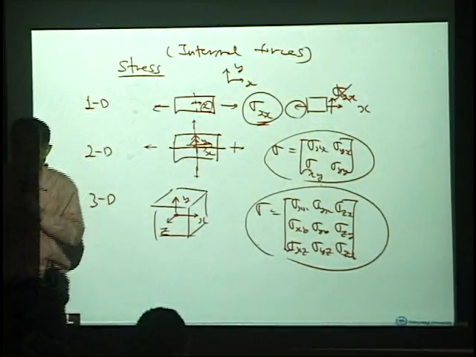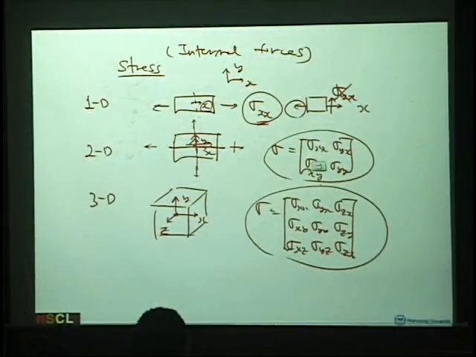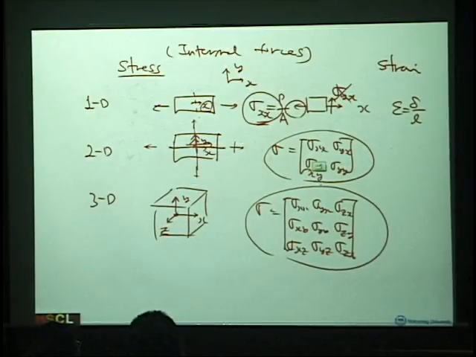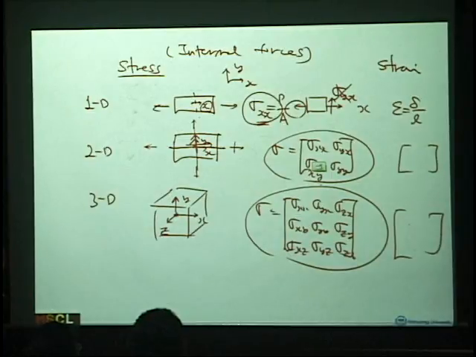Later on, we will define deformation, the strain. Strain is simply delta divided by L, right? This is only one component, similar to P over A. But in the two-dimensional case, we have 2 by 2, and in three dimensions, 3 by 3.